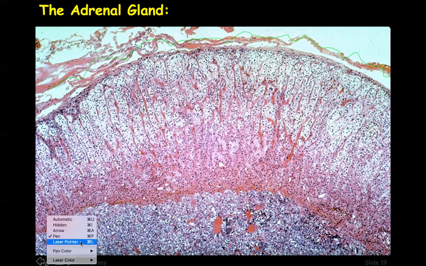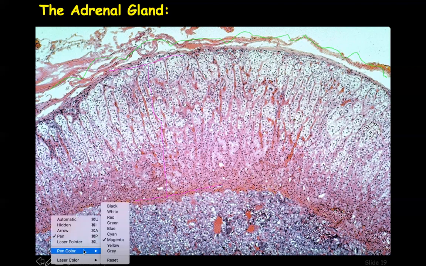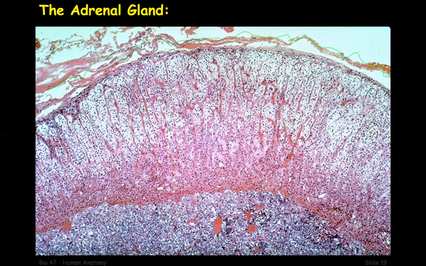And then, let's see, this part right here, from here to here, that's going to be the cortex. The cortex is on the outside. And then where you see a distinct pattern change from here downward, that is going to be the adrenal medulla.